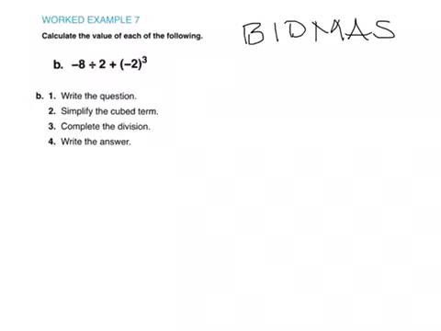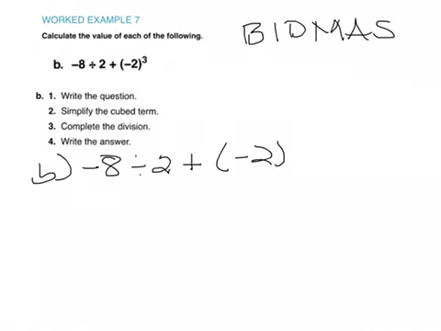First we need to do the indices. Let's rewrite the question: negative 8 divided by 2 plus negative 2 to the power of 3. Now, negative 2 to the power of 3 is the same as saying negative 2 times negative 2 times negative 2.